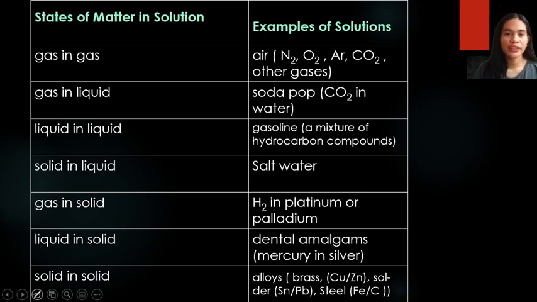We also have liquid in solid, that is dental amalgams, the mercury in silver. And then we also have solid in solid, that is the alloys, the brass, a combination of copper and zinc. The solder is a combination of tin and lead, and the steel, a combination of iron and carbon.